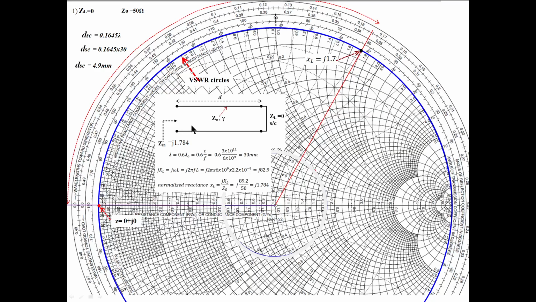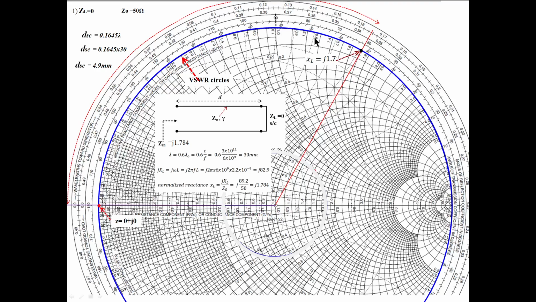For example, on the Smith chart, I want a susceptance value equal to minus 0.8. What is the length of the line? From the starting point, you move like this.